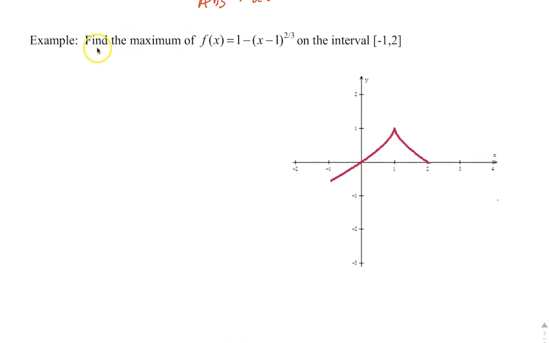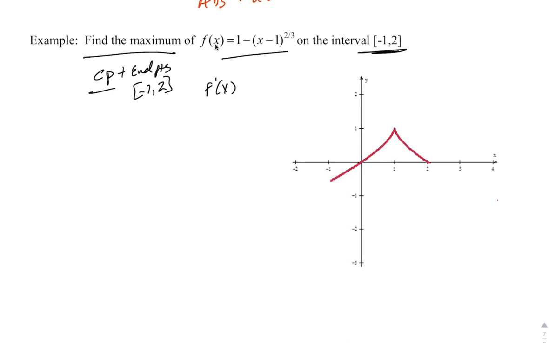Next one only wants to find the absolute max, right? Same idea, find critical points plus endpoints. I already have my endpoints, so negative 1 and 2. For my critical points, I'm going to take the derivative and set it equal to 0 or undefined. So the derivative of this guy, well, the derivative of 1 is 0, good.